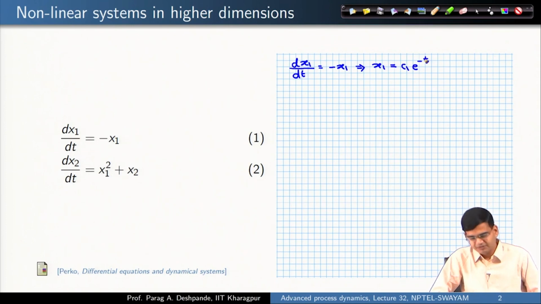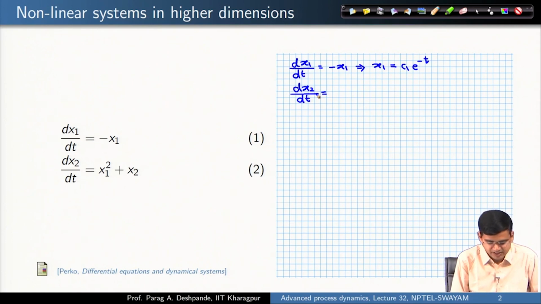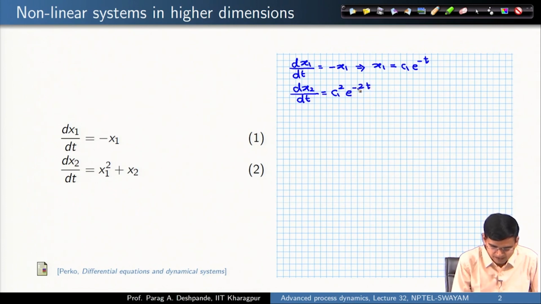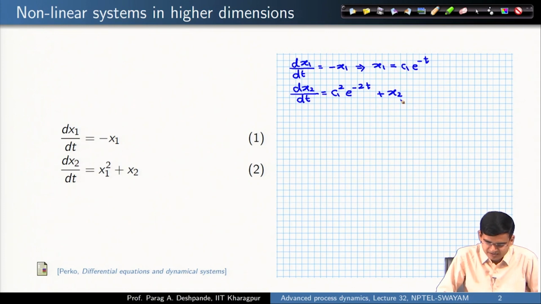So, solution of first equation was not very difficult, and now dx 2 by dt is equal to x 1 squared, which is c 1 squared e to the power minus 2 t, plus x 2, and this particular equation is not very difficult to be solved.